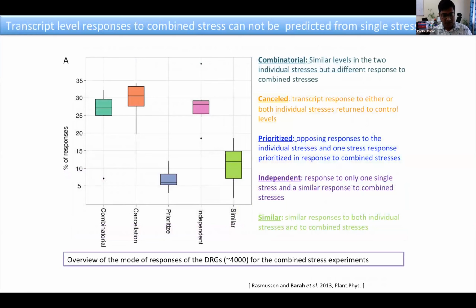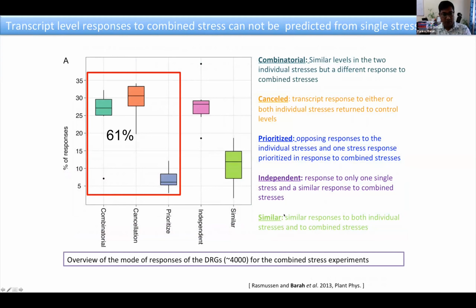Just to make the story short, we finally clustered all the differentially expressed transcripts into 5 different categories. We call them combinatorial, cancel, prioritize, independent, and similar.